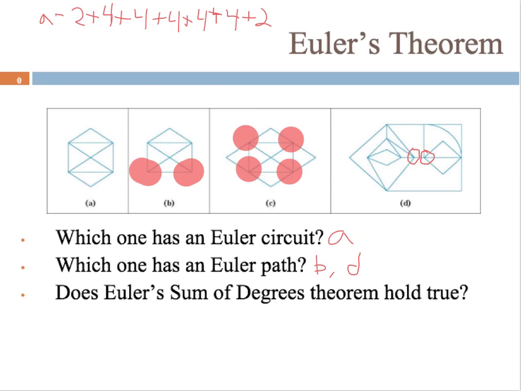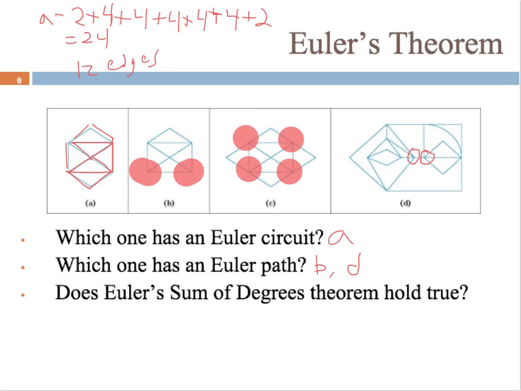So that is going to add up to 24. Okay, so now let's count the number of edges. We got 1, 2, 3, 4, 5, 6, 7, 8, 9, 10, 11, and 12. 12 edges. So 12 is half of 24, so that does hold true.